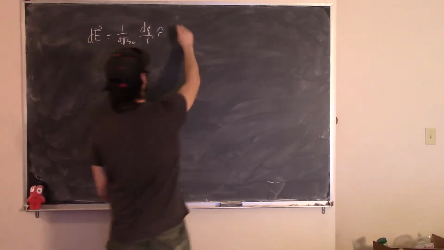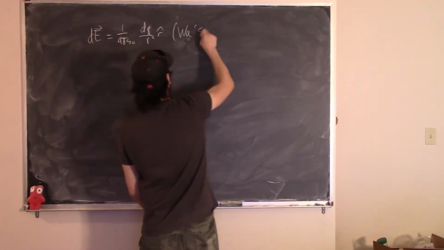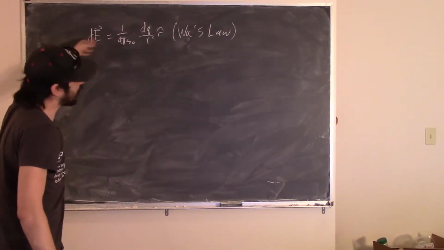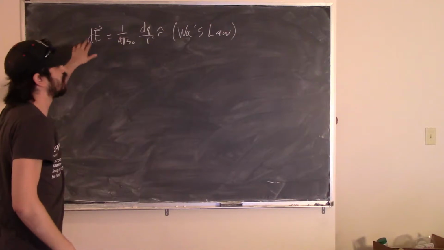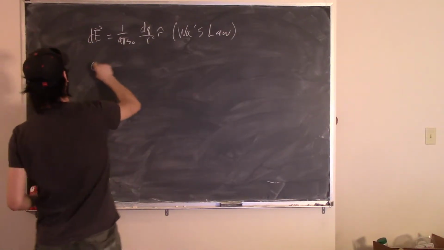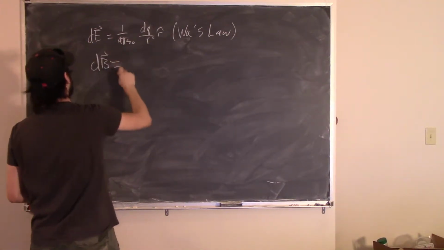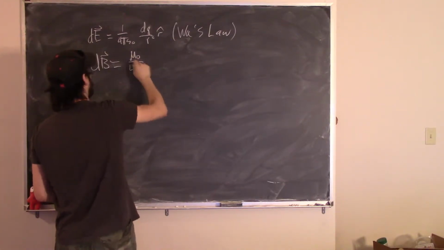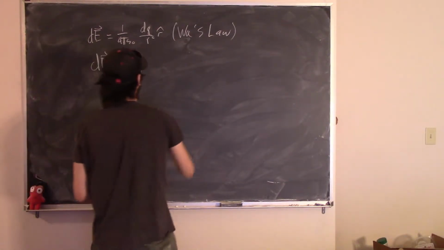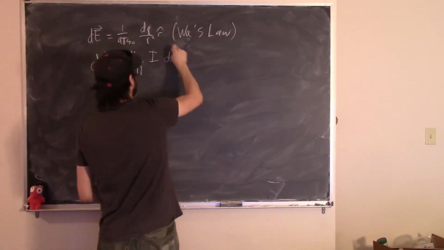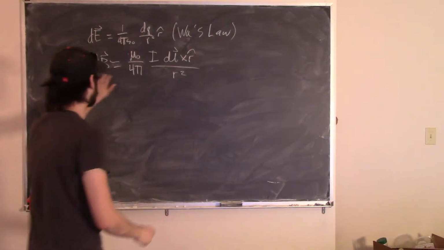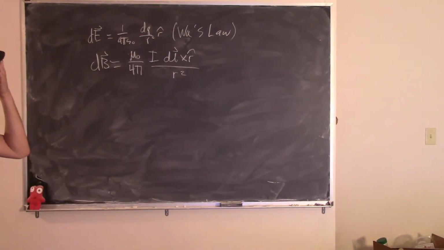This doesn't really have a name. If I wanted to, I can call this Wu's law, if I want to be cheeky. It really comes from Coulomb's law, but this equation itself doesn't have a name. What we're going to be using right now does have a name, it's called the Biot-Savart Law. And this says mu naught divided by 4 pi times I dl cross r hat divided by r squared is equal to the infinitesimal magnetic field.